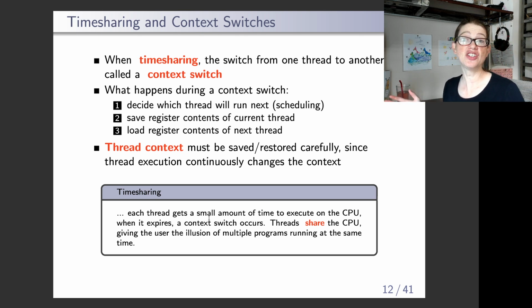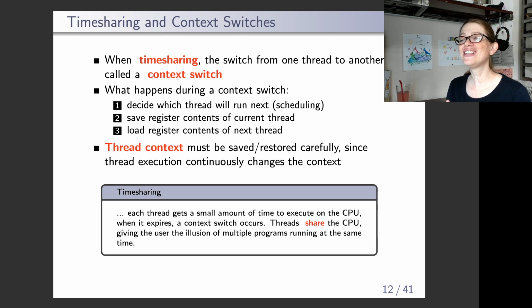After you've selected which thread is going to go next, then you need to save the context, that is the state of the currently running thread, because you want to make sure that when that thread runs again, it continues from the exact same point and in the exact same state that it left off in. Threads that are not running should never know that they got halted to let other threads go. They shouldn't be aware of this.